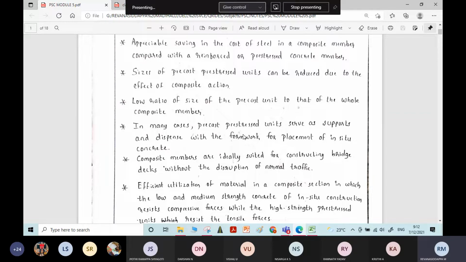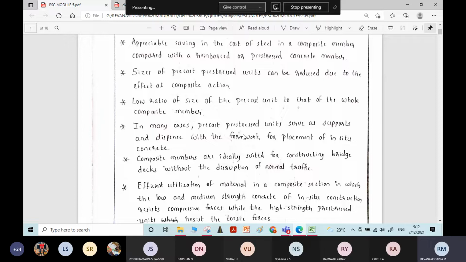Girders they will cast in the casting yard and then place, but for the slab, most of the time they do pre-stressing at the site. If you do like that, it requires skilled labor and advanced equipment at the site to induce the pre-stresses into the element.